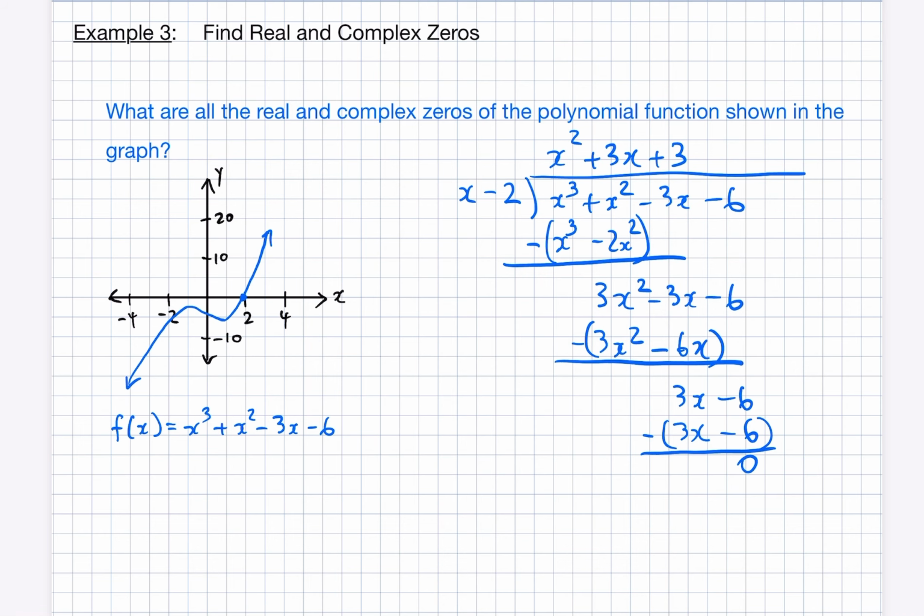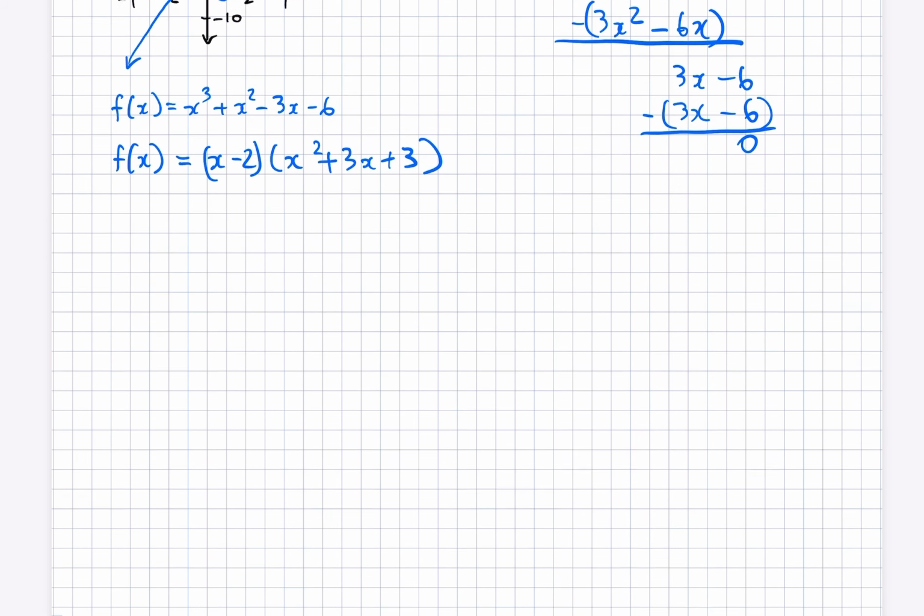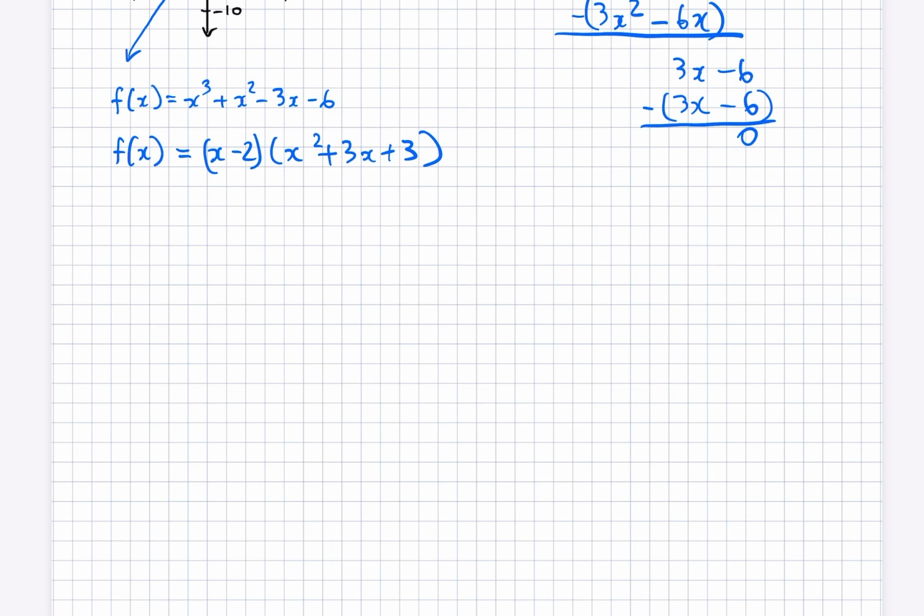So now we know that our factors for this function f of x is equal to x minus 2, which is our divisor here, and then the balance here is going to be x squared plus 3x plus 3. Now we're going to take a look at this polynomial, and we see that we can't factor this using any technique we've learned so far.